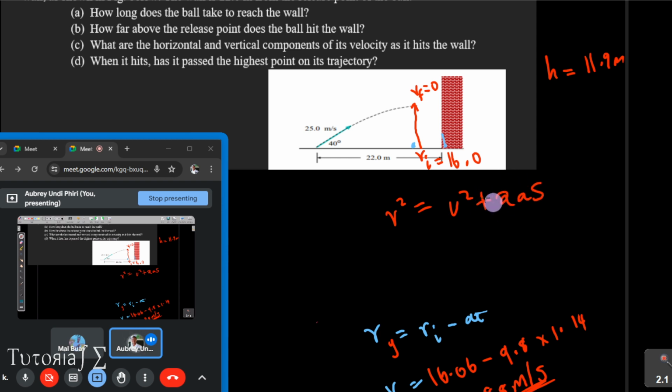Again, since we're going up, acceleration will be equal to negative 9.8. So v final is 0 and v initial is the velocity in the y, which is 16.06.